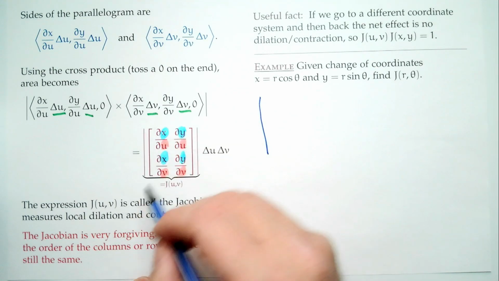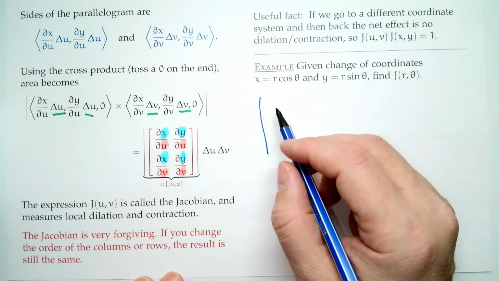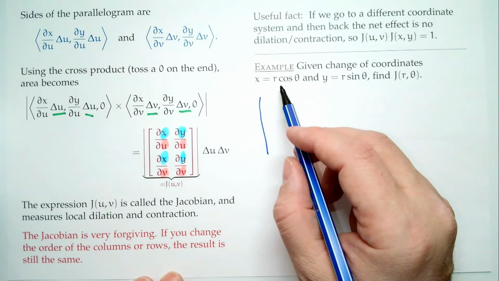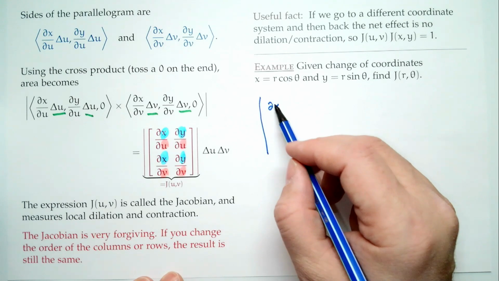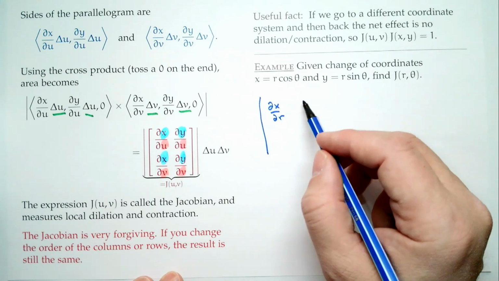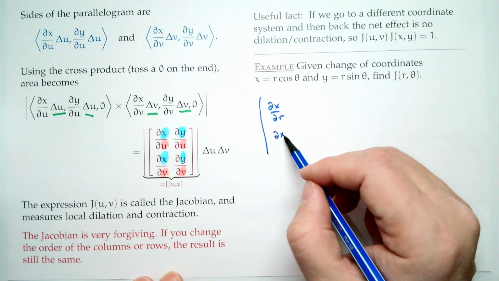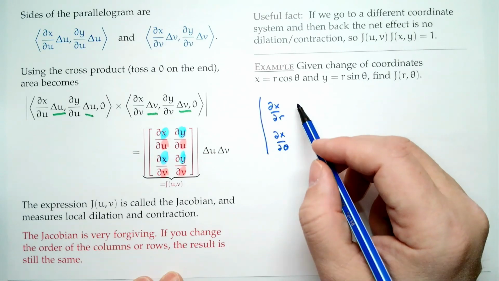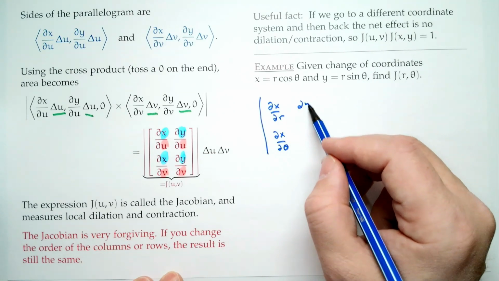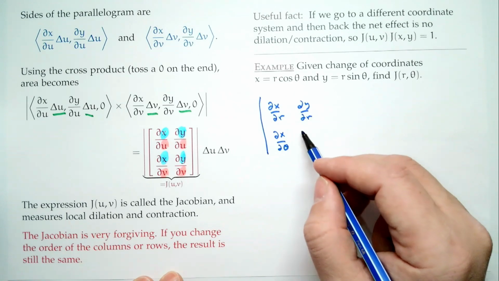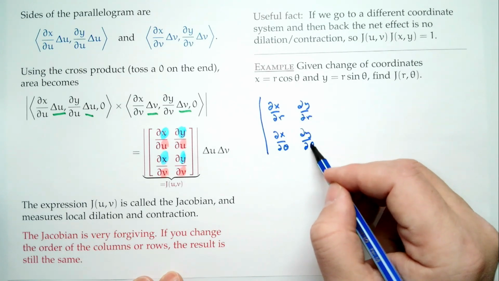And really, it's the absolute value of the determinant. So we're going to take partial x, partial r, and then partial x, partial theta, partial y, partial r, partial y, partial theta.